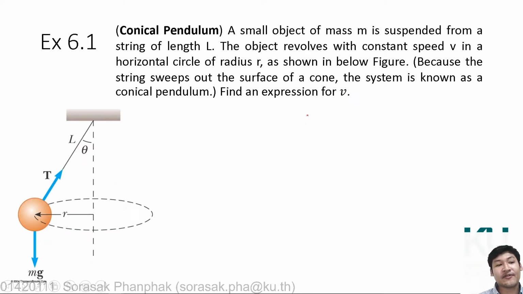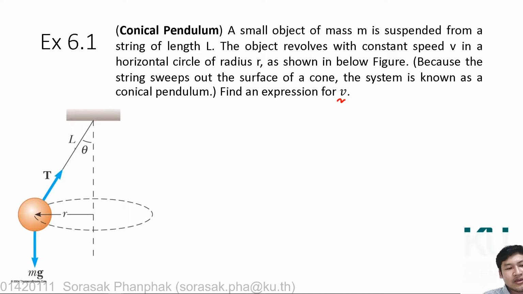Let's look at this example. As I said, this chapter is not only about the circular motion. We will try to explain the influence of Newton's laws on this circular motion. So what if we would like to express v, the tangential velocity?